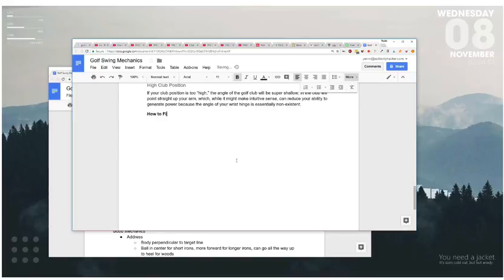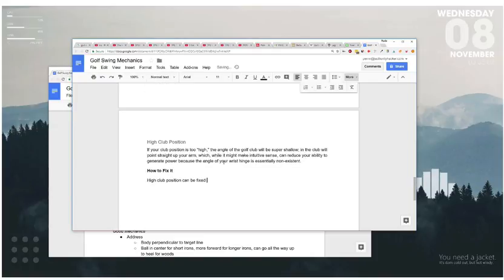How to fix it? High club position can be fixed with posture. So this is where I'm overlapping with what I was writing before.